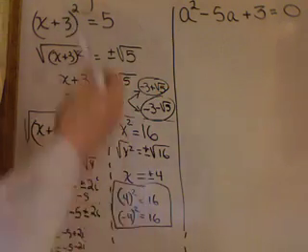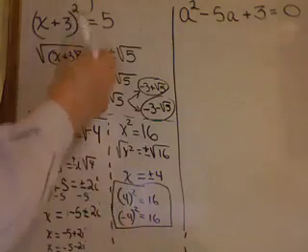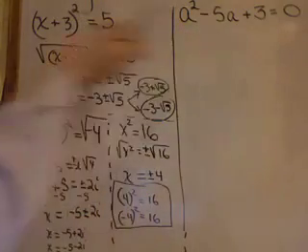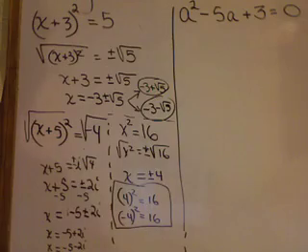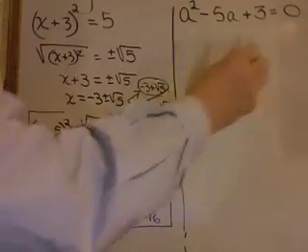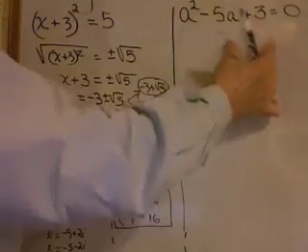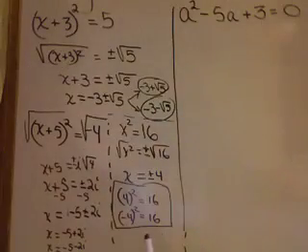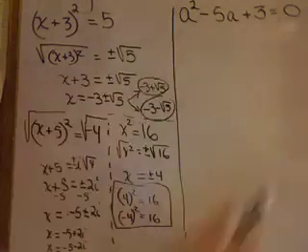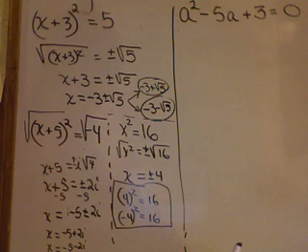Now this was nice for all of these problems that had something squared on one side, but how do you solve that quadratic equation? It doesn't have the whole side squared. Now, if I move this over, it doesn't help me because then I would end up with the a inside the square root symbol. So there's another method we can use.